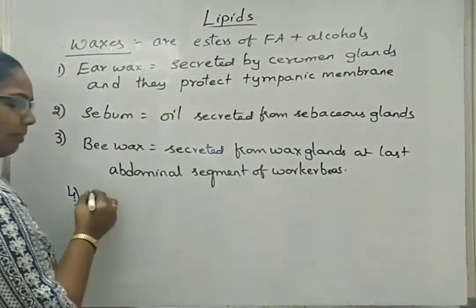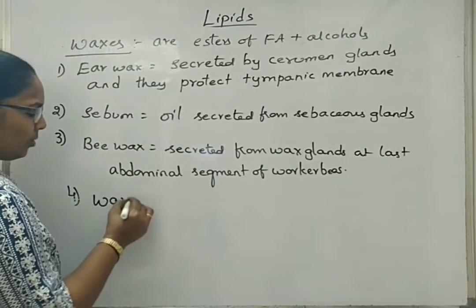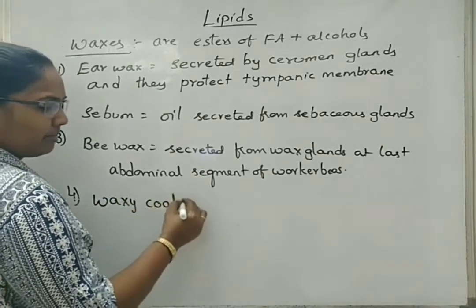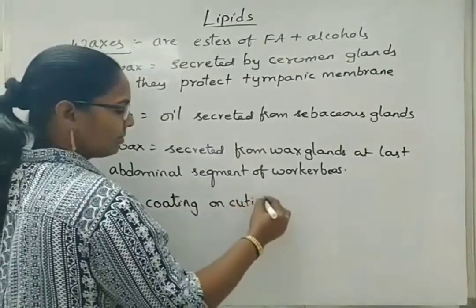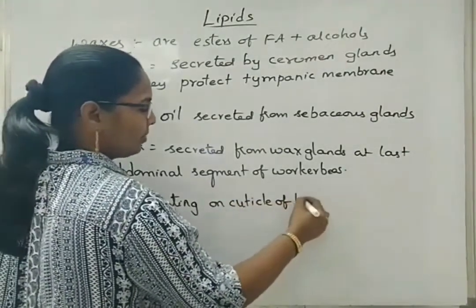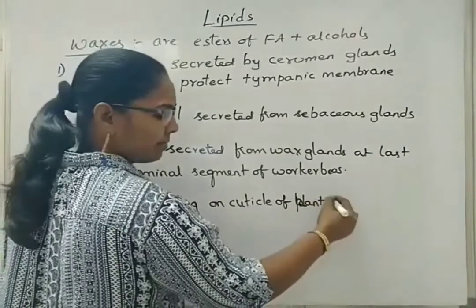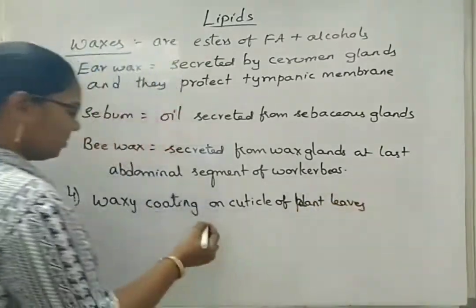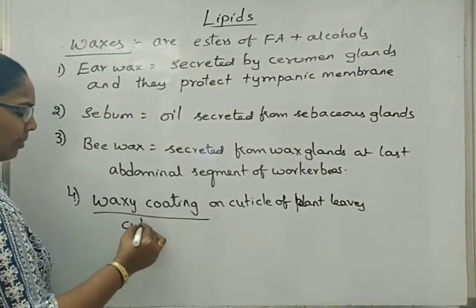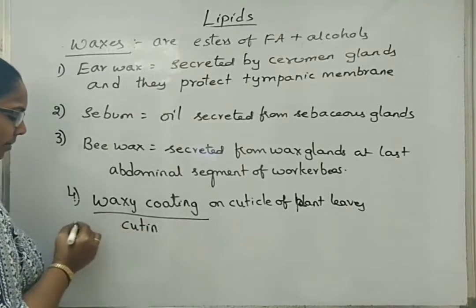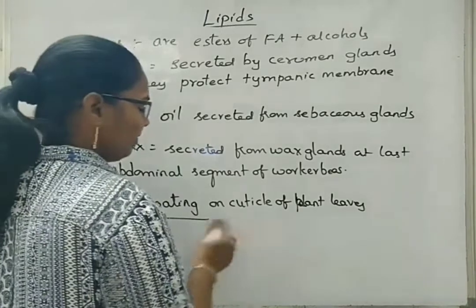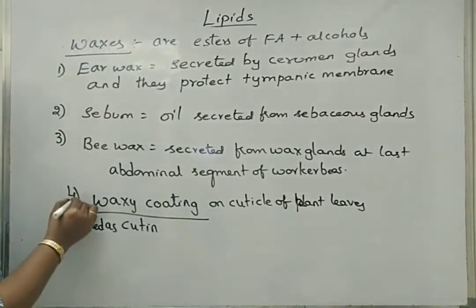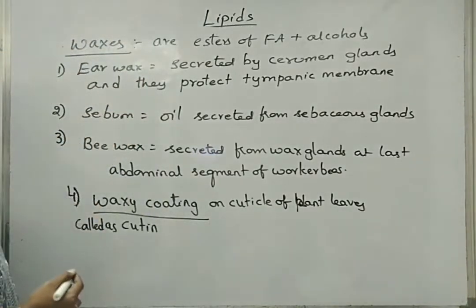There is a waxy coating on the cuticle of plant leaves. This waxy coating is called cutin. We see it in Victoria plants and also lotus leaves.